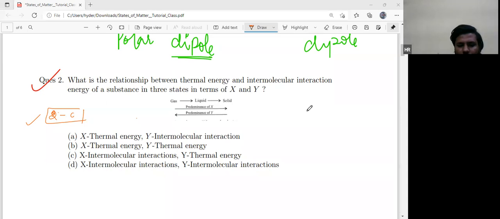Can you do this question or should I do it? No. Two, what does two mean? Question number 2 or option 2? You are referring to 2. That means question number 2.